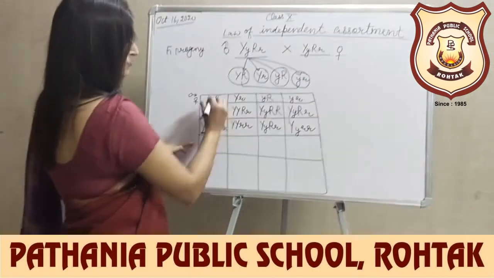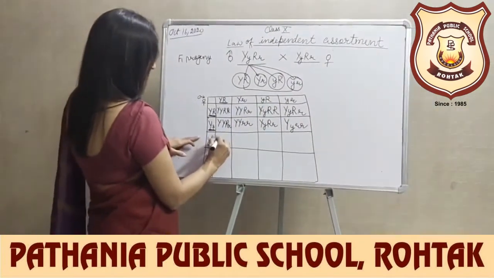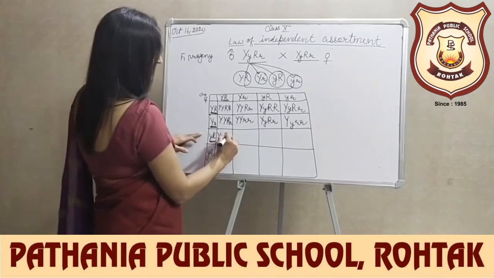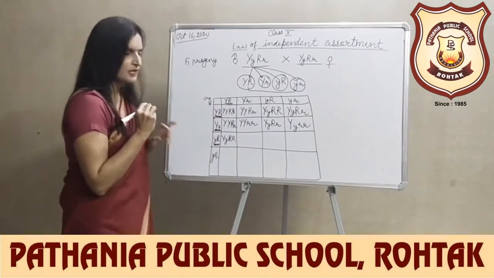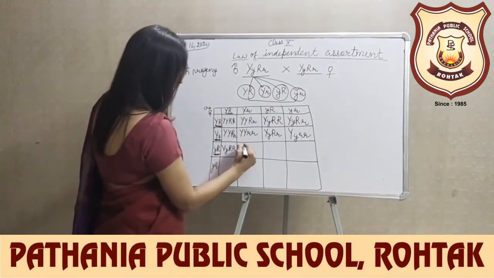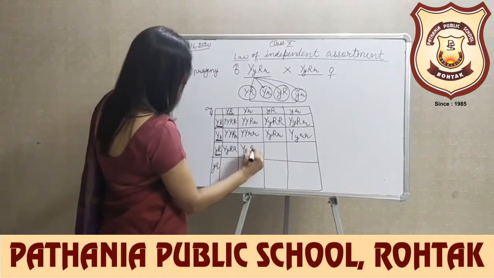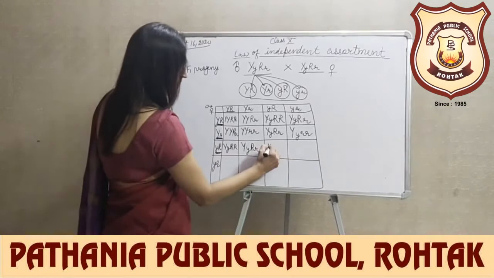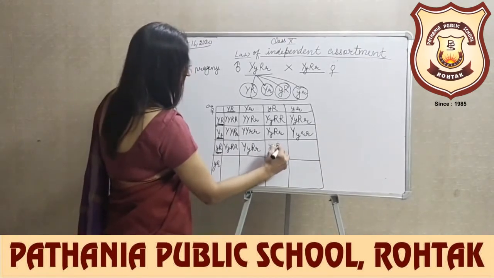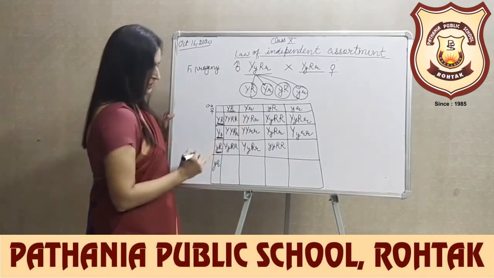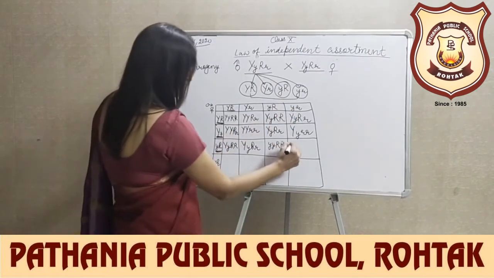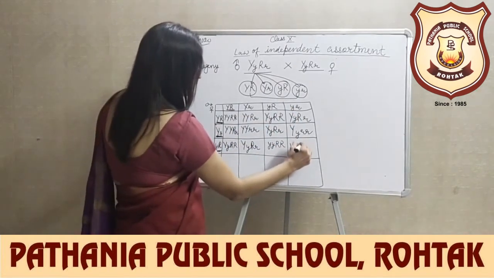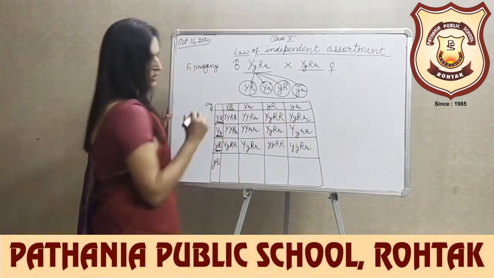Now this with all of them. Capital Y, small y, capital R, capital R. Capital Y, small y, capital R, small r. Small y, small y, capital R, capital R. Small y, small y, capital R, small r.